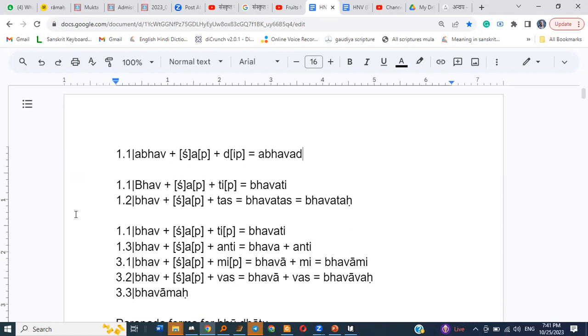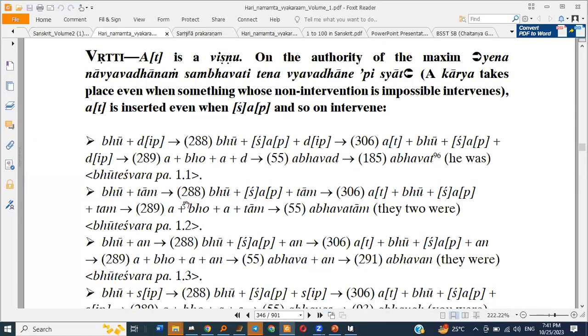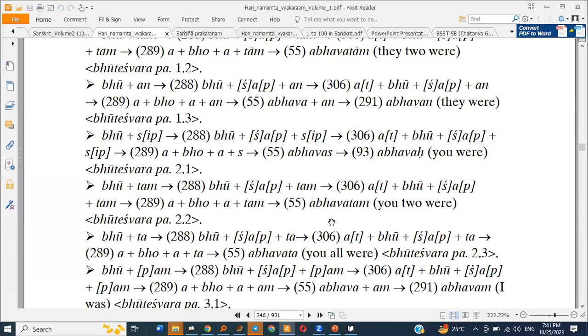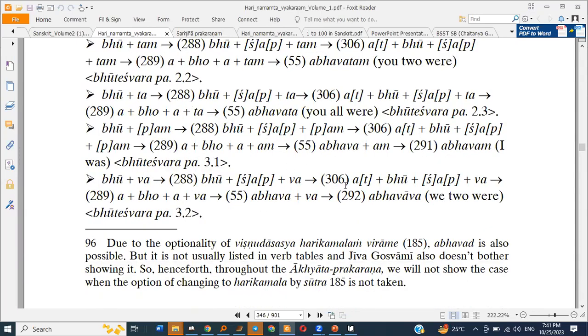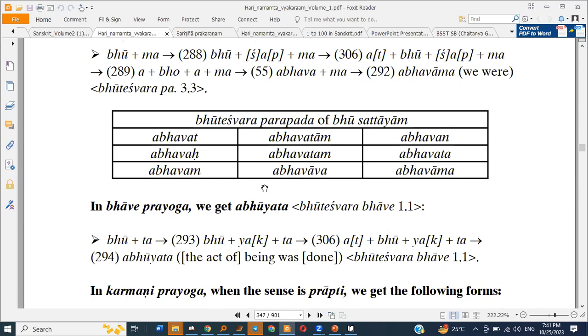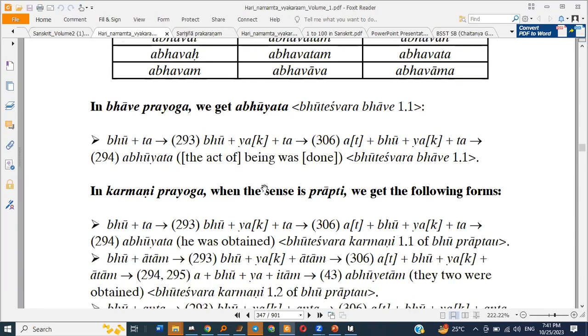By that one, the last Vishnudasa becomes Harikamalam. So we get Abhavat. Similarly, Abhavat, Abhavattam, Abhavan, Abhavaha, Abhavatam, Abhavata, Abhavava, Abhavama, Abhavam, Abhavava, Abhavama.